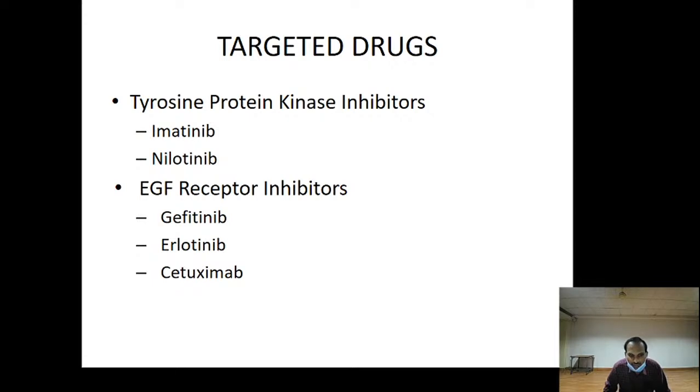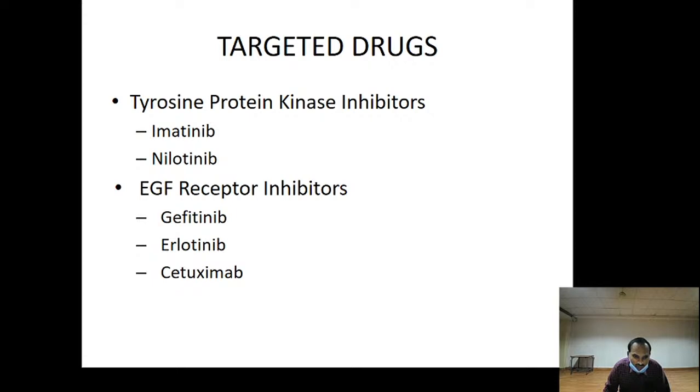And apart from hepatic dysfunction and GI distress, a very important adverse effect of gefitinib and erlotinib is interstitial pulmonary fibrosis. Interstitial pulmonary fibrosis is one of the important adverse effects of gefitinib and erlotinib. By inhibiting the epidermal growth factor receptor, they produce clinical benefit in non-small cell lung cancer, especially that cancer which is common in females and non-smokers.